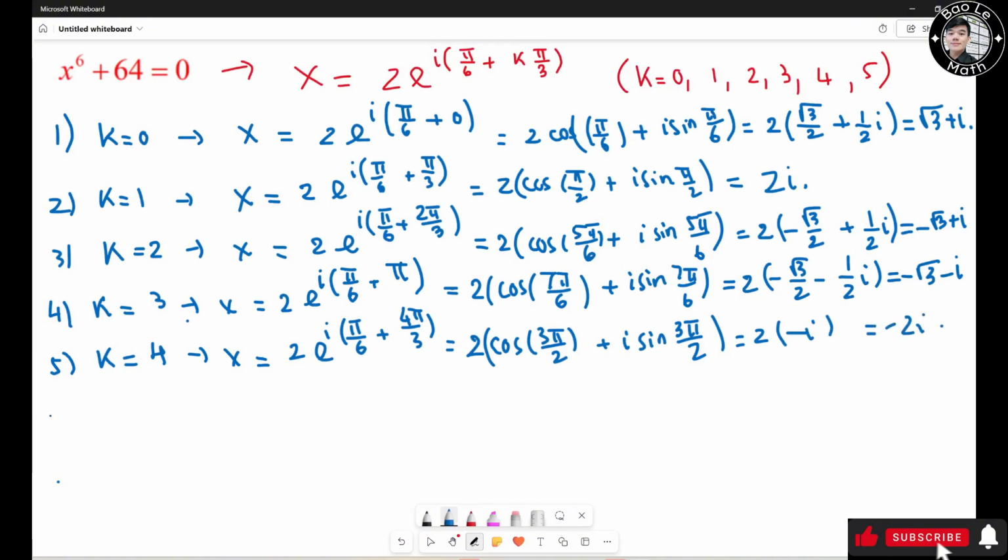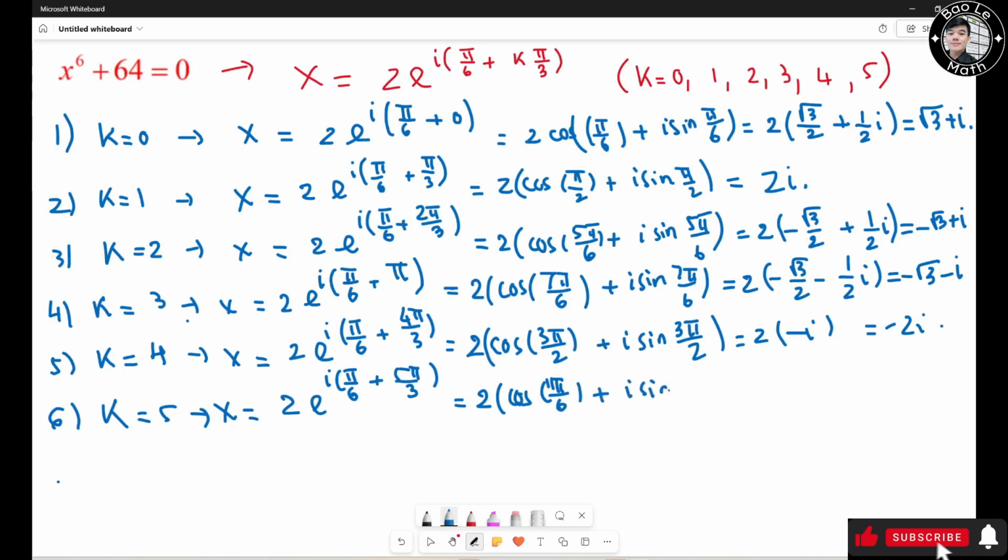Now, the last one, number 6, k equals 5, right? So you have S equals 2 times e to the i of pi over 6 plus 5 pi over 3, right? If you simplify this, it turns out to be 11 pi over 6. So this turns out to be 2 times cosine of 11 pi over 6 plus i times sine of 11 pi over 6.